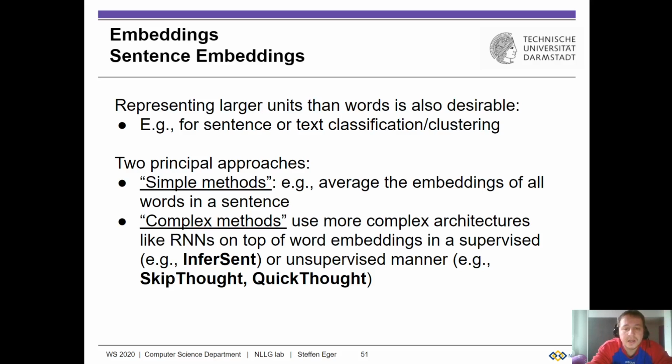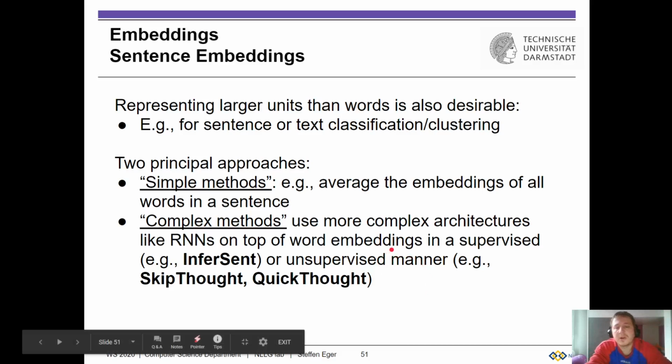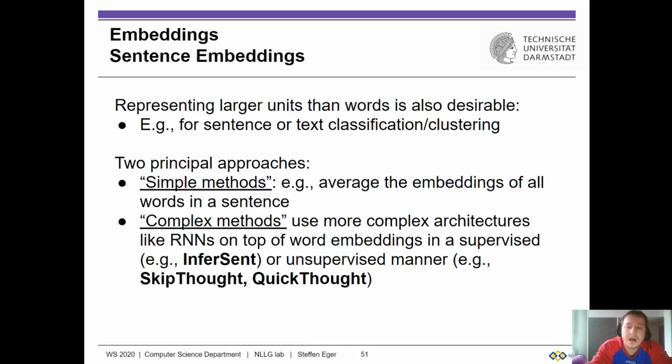This is a very complex, demanding, challenging task, which assumes that you have some logic understanding. And if you give a model such a task, then it can hopefully induce more intelligent representations of, let's say, sentences or texts.